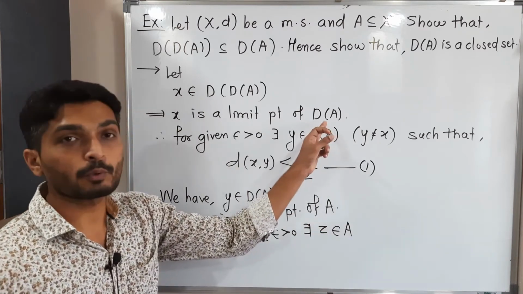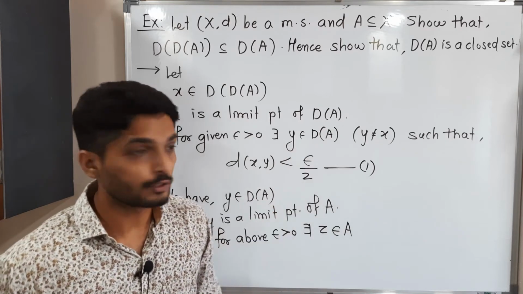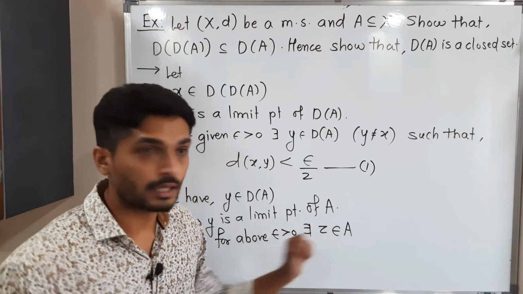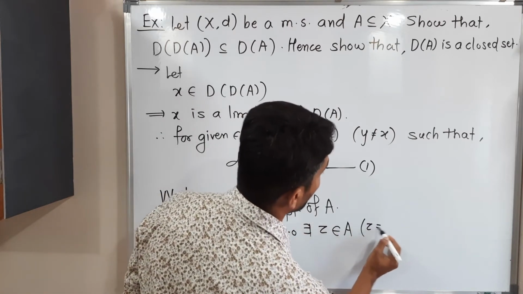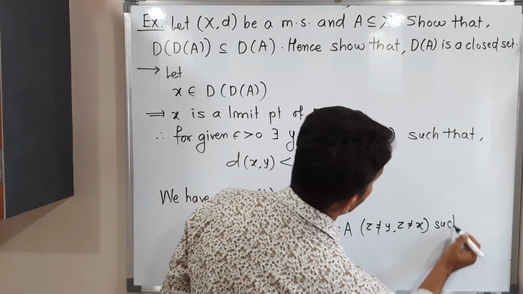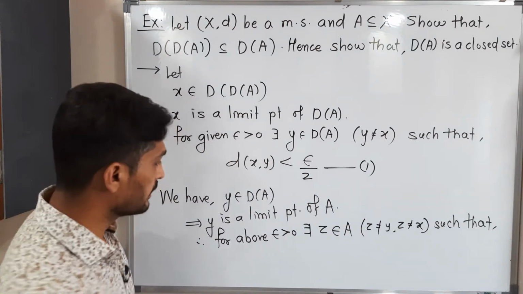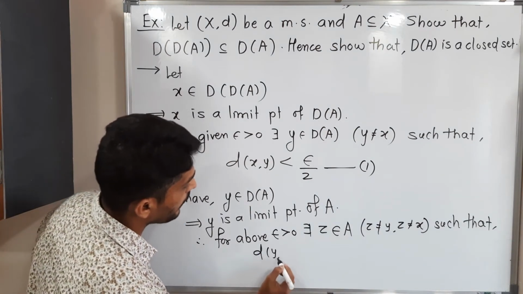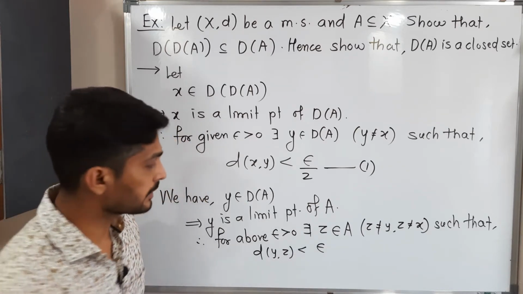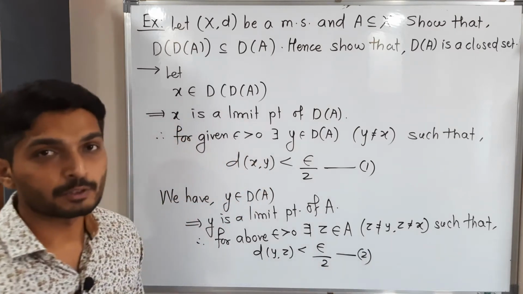That time it was a limit point of D of A, that's why I took that y from D of A. But this time it is a limit point of A, so I should take z from A. It should be other than y, as well as other than x, such that, you can also tell me what I am supposed to write, such that d of y, z is less than epsilon. You are right. Again I am going to do the same adjustment, epsilon by 2. So this is statement number 2.